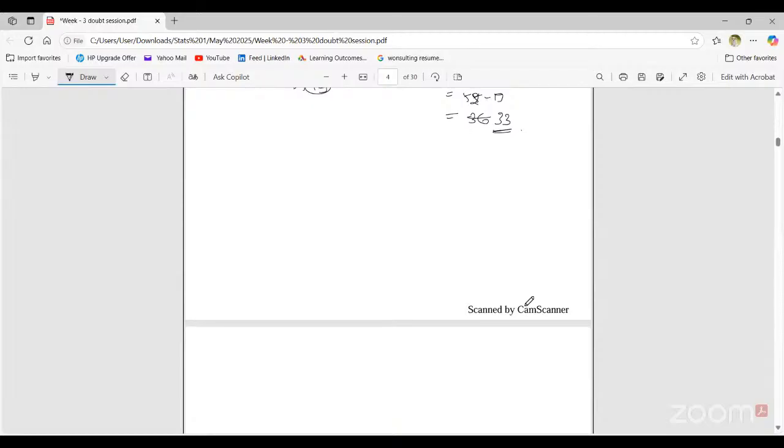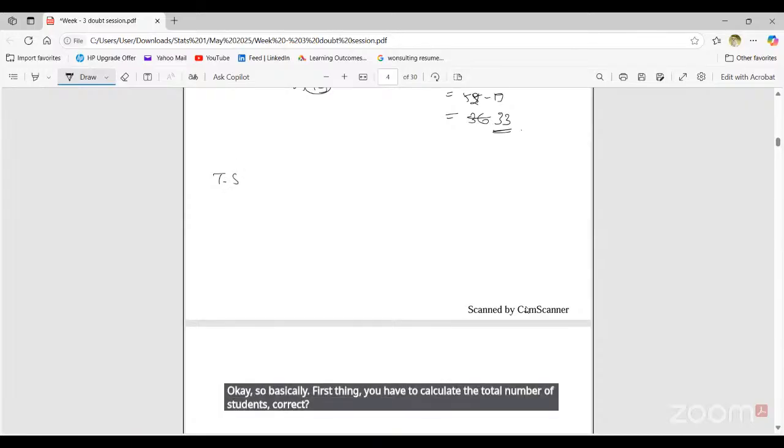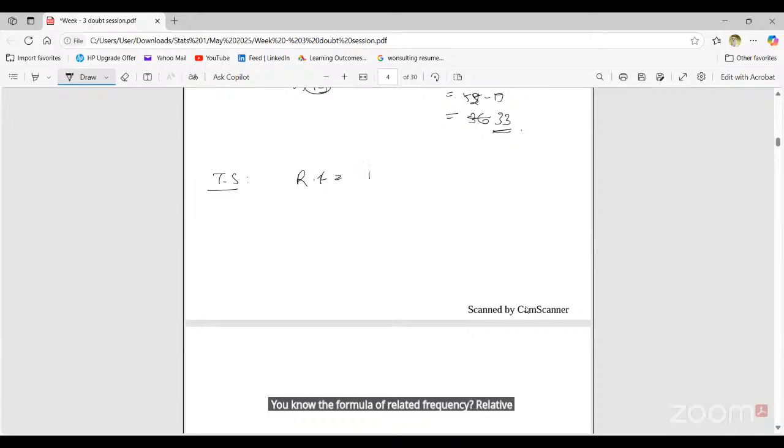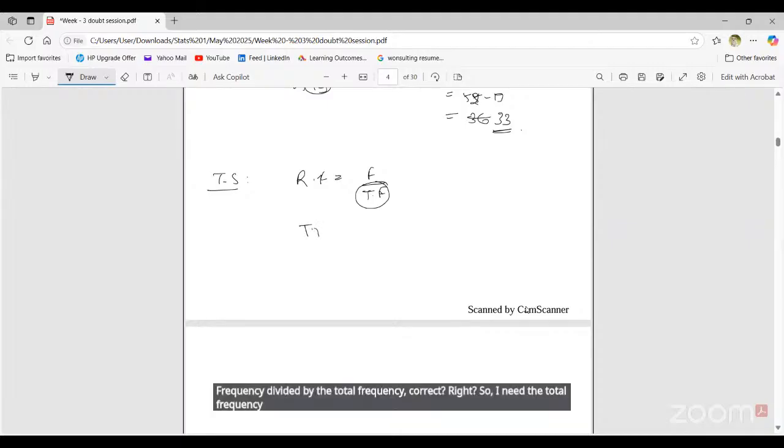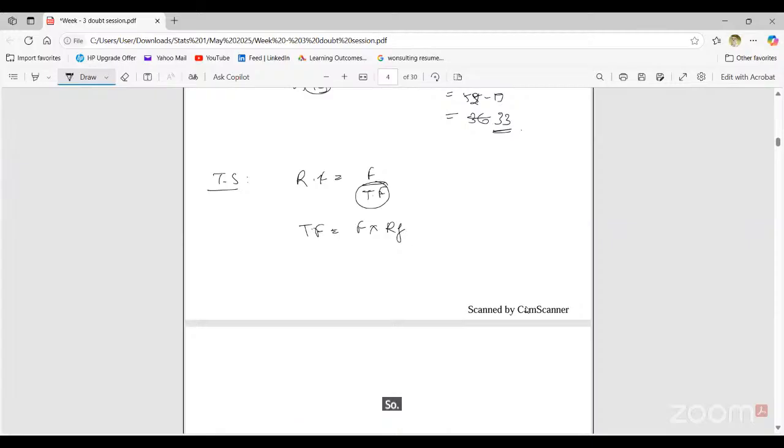Okay. So basically, first you have to calculate the total number of students, correct? You know the formula of relative frequency. Relative frequency is frequency divided by total frequency, correct? Yes, ma'am. So I need the total frequency. In the table, I have one last value with a frequency and a relative frequency as well, correct?